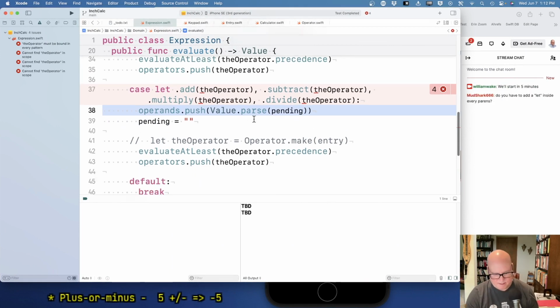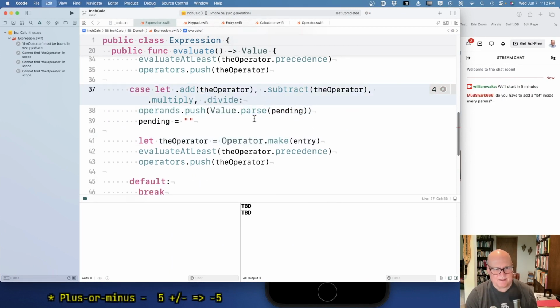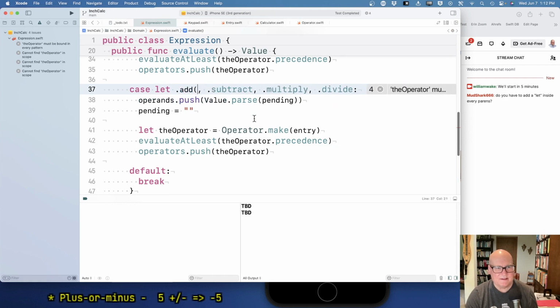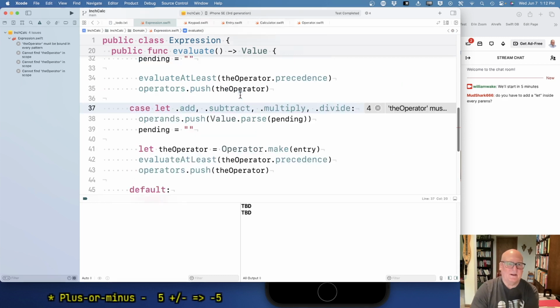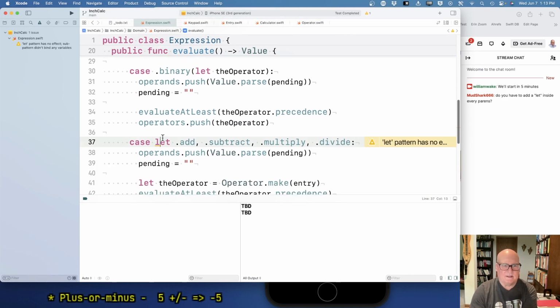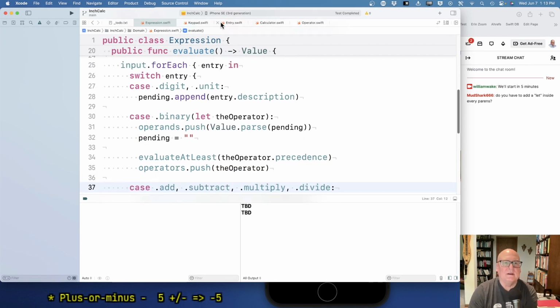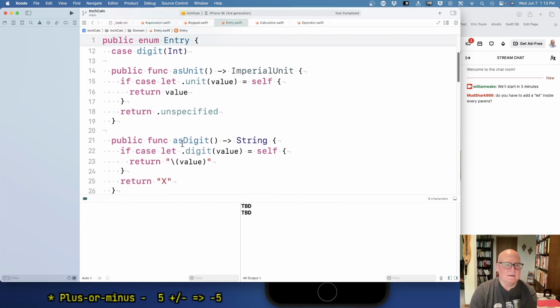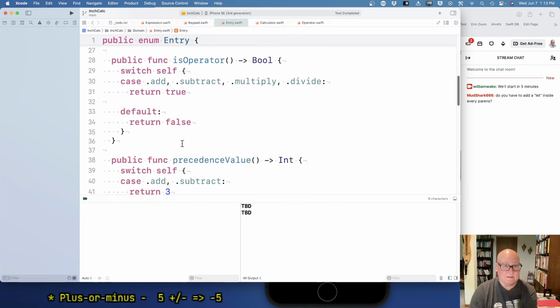So, what do I have to do to... Okay. I guess I can give an operator method on entry. Let's see that. We have is operator.